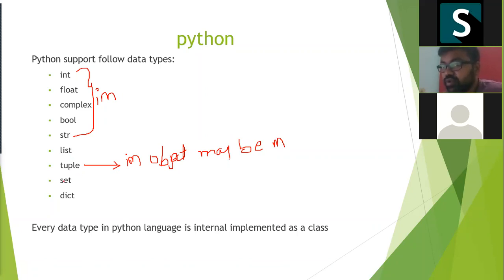The list elements I can modify, but the tuple object I cannot modify. So set is mutable, list is mutable. Dictionary, we have a key and value pair, where the key is an immutable object, we cannot modify. The value is a mutable object, which you can modify.